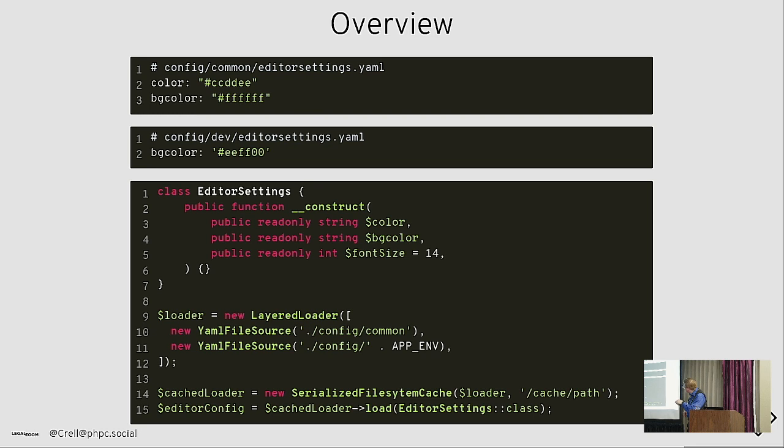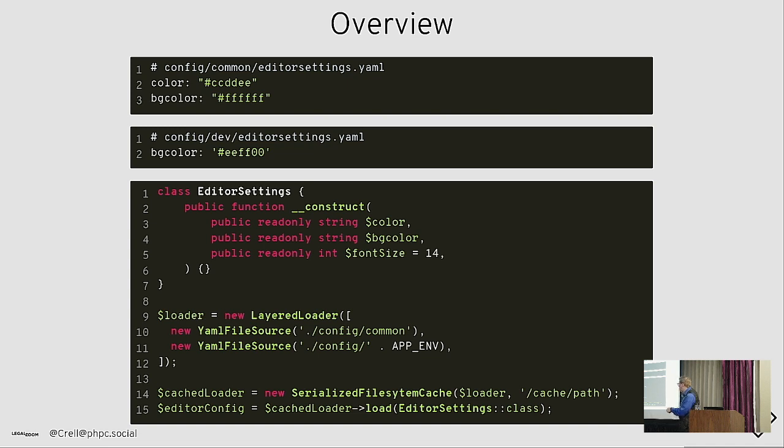One of them has 2 properties, one of them has 1. We have an editor settings class that has properties, some of them with defaults. And then create a config loader and feed it. We want to read from a YAML file in this directory and a YAML file in whatever our current environment directory is.